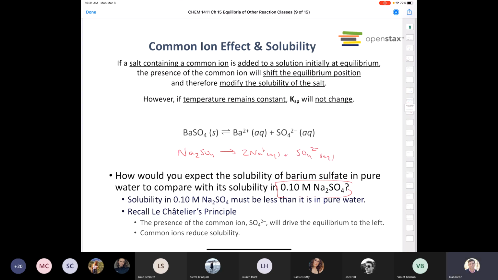Well, if I throw this in here, what's it going to do to the concentration of sulfate? Sulfate would be the common ion. So we'll say here, the common ion is sulfate. What's that going to do? Is that going to increase the concentration of sulfate or decrease the concentration of sulfate? And it's not a trick.